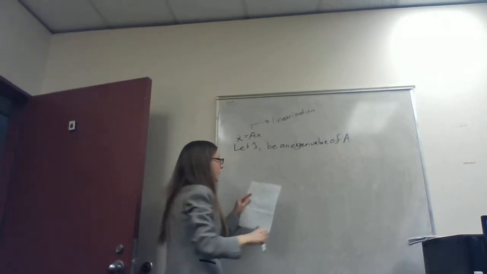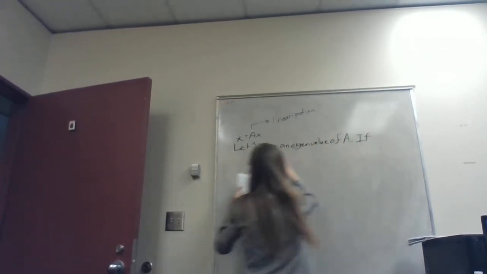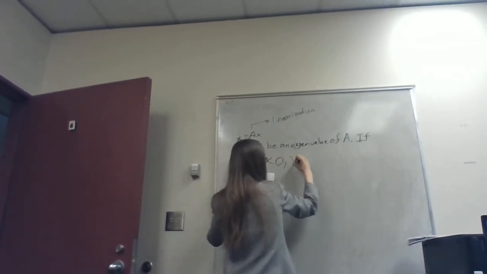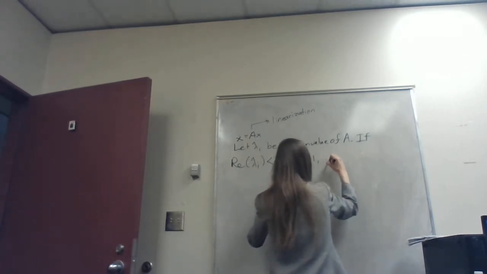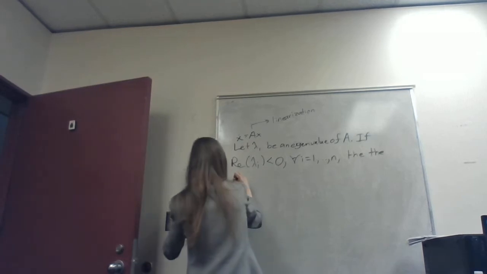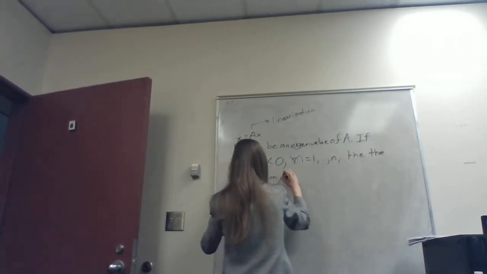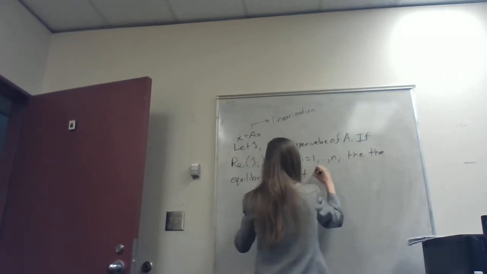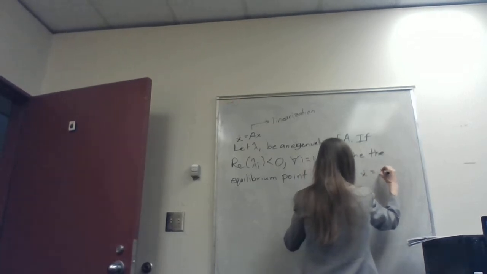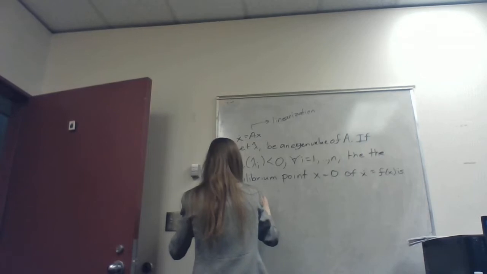We'll call it A. Let lambda i be an eigenvalue of A. If the real part of lambda i is less than 0 for all i equals 1 to n, then the equilibrium point x equals 0 of x dot equals f of x is locally exponentially stable.